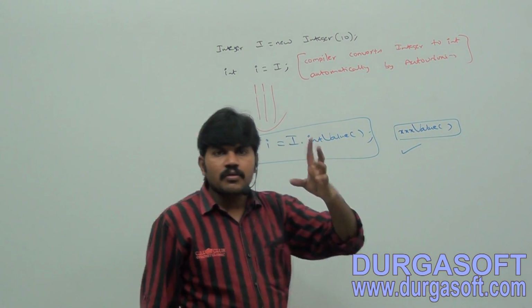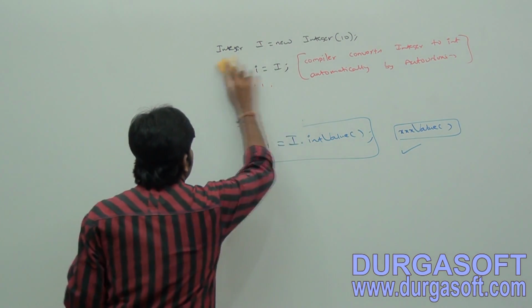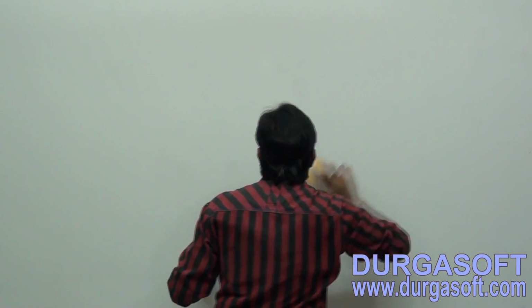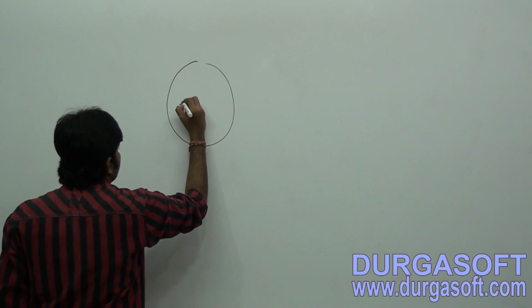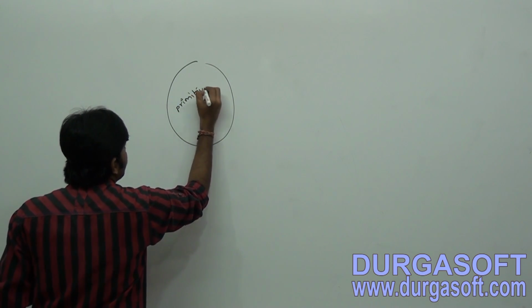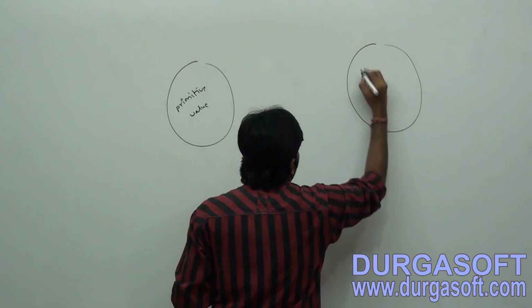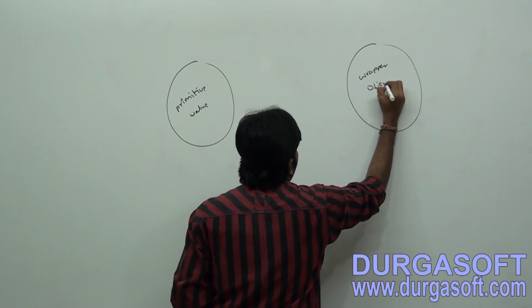What is autoboxing, what is auto unboxing, right? Now just observe the point well. Sir, this is my primitive value. I want to convert the primitive value to a wrapper object.